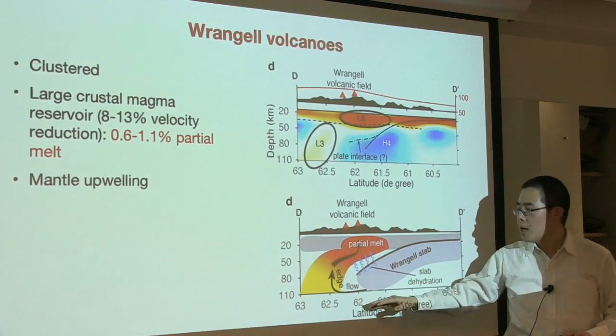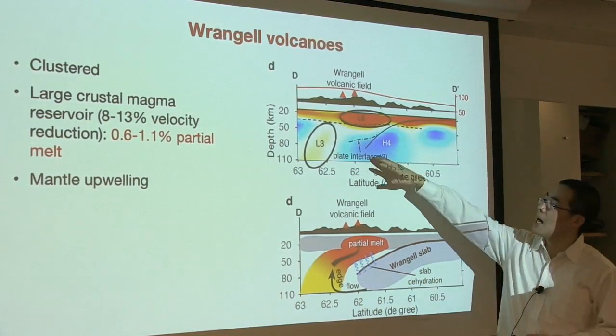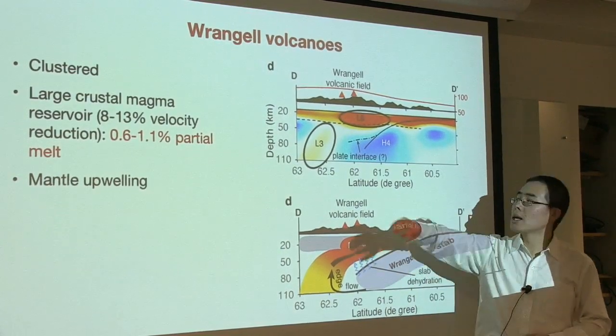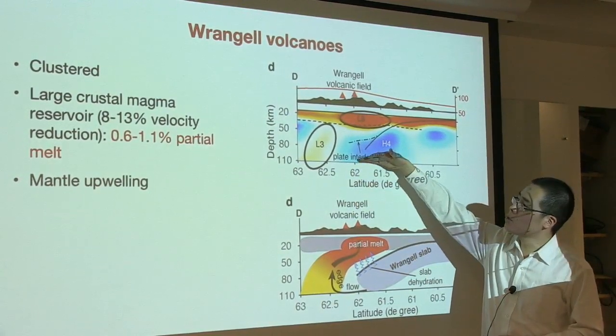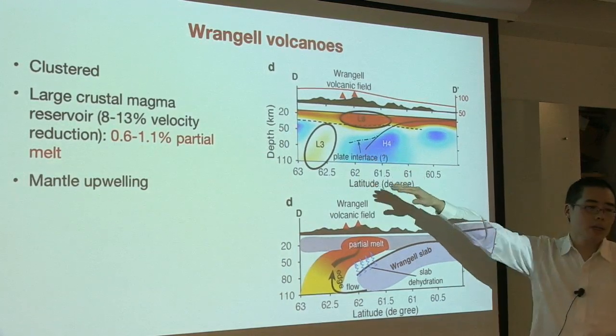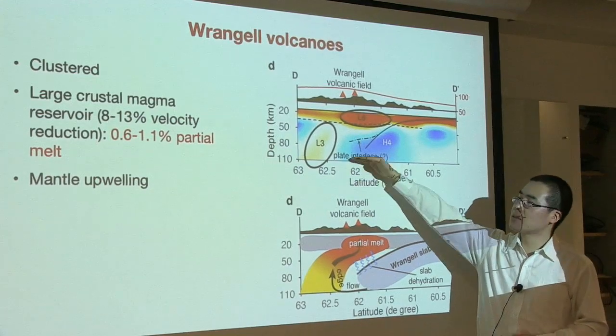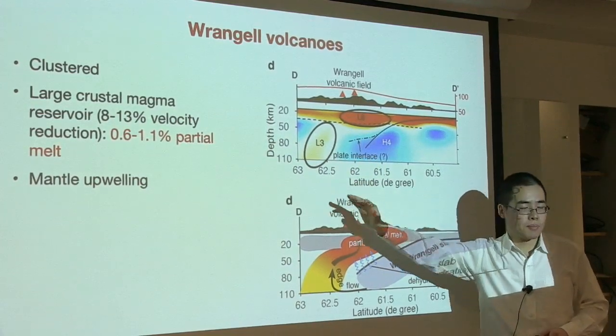And the slab here, compared to the other slabs along the stripe, only penetrates to a depth of about 100 kilometers. In others, we see very clear low velocity down deeper than this.